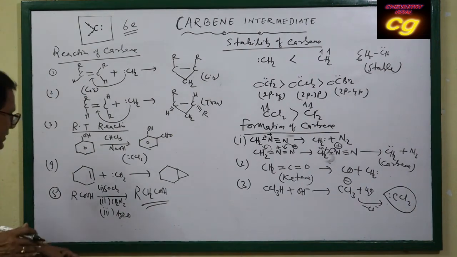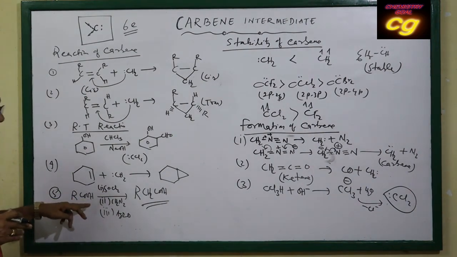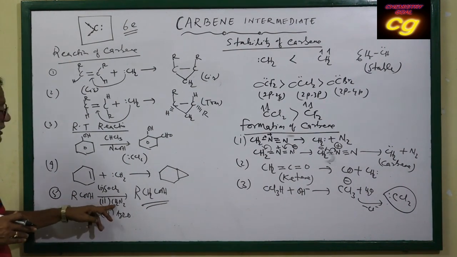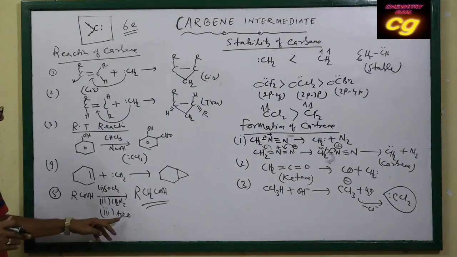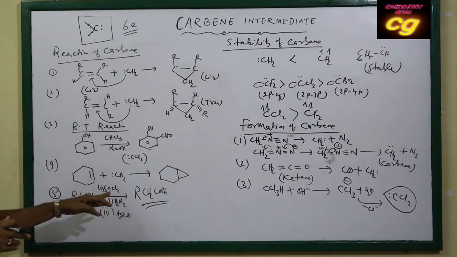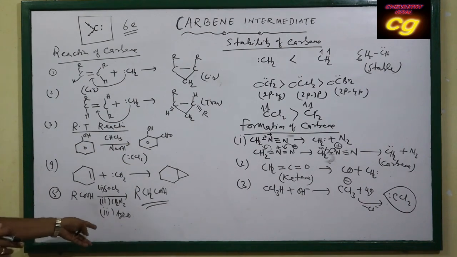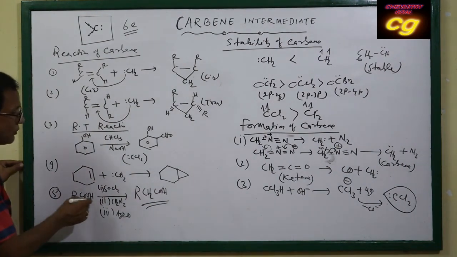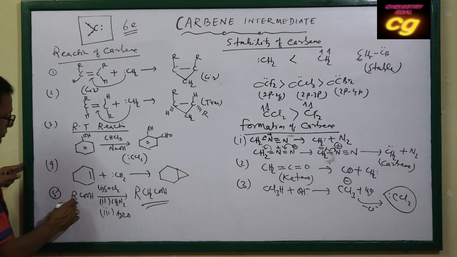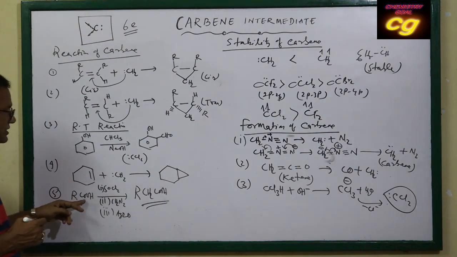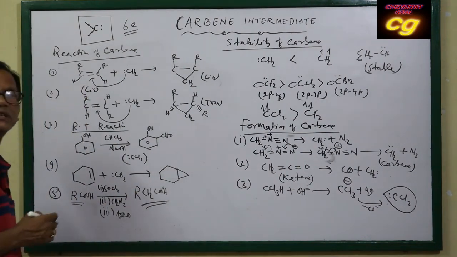So what are the steps? The first step is the formation of acid halide, then the second step is CH2 being added, then further reaction produces ketene. Ketene, as I have already told you, then under hydrolysis produces higher acids. So RCOOH becomes RCH2COOH, so one carbon is increased; here one CH2 is increased.